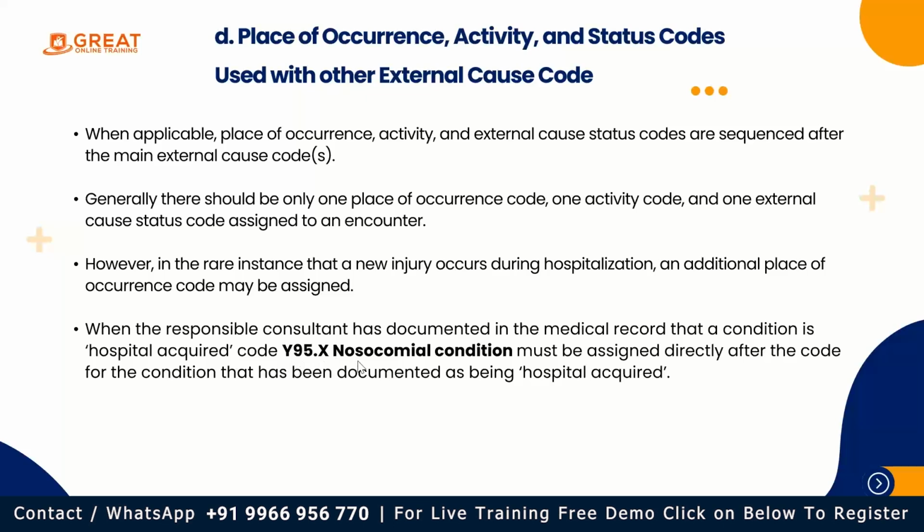Please note down this code because you have to remember it. If any condition is hospital acquired, you have to use code Y95.X. Nosocomial condition must be assigned directly after the code for the condition that has been documented as being hospital acquired. Okay, we'll see an example, but please note down this code Y95.X, nosocomial condition, and in brackets make a note: hospital acquired condition.